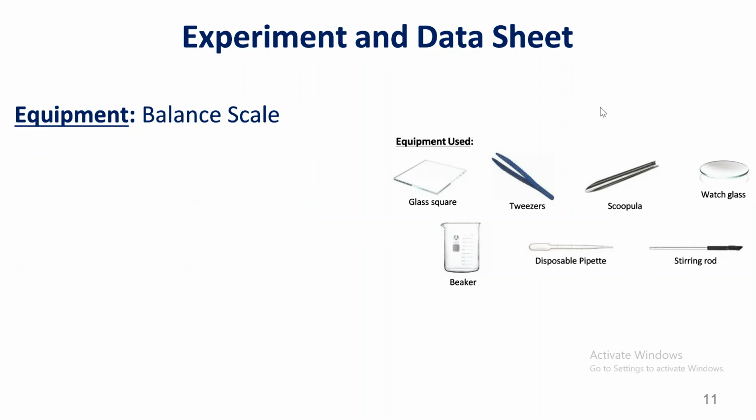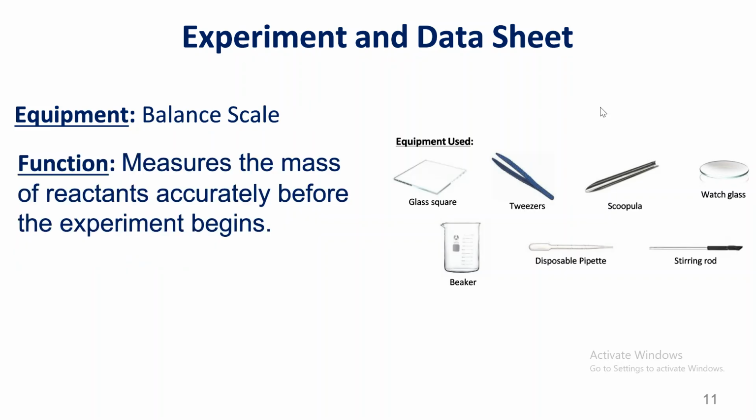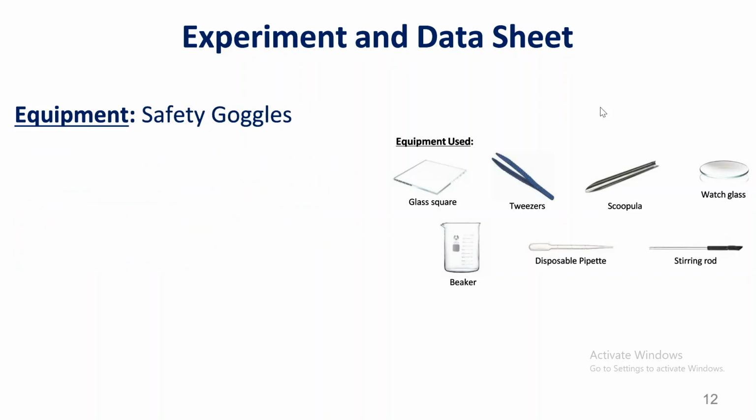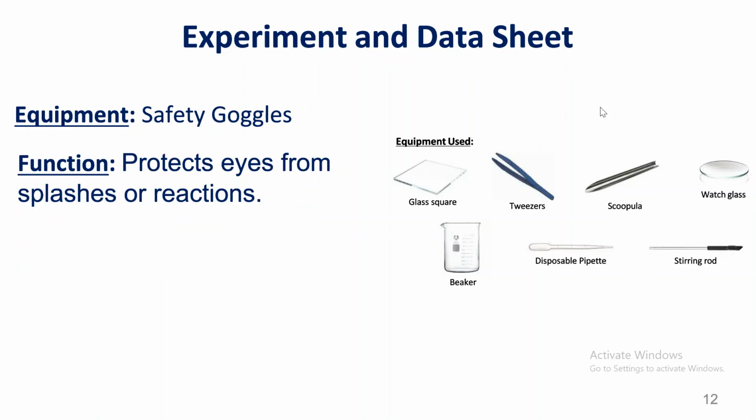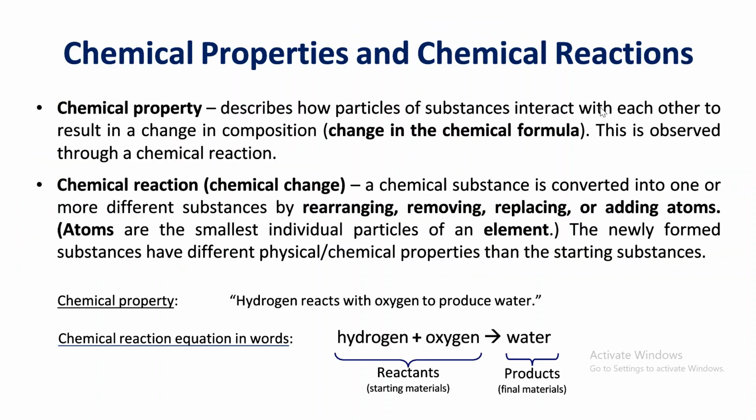We'll be using a balance scale. This is going to measure the mass of the reactants accurately before the experiment begins. And we will be using the safety goggles, which is going to protect the eyes from splashes or reactions.